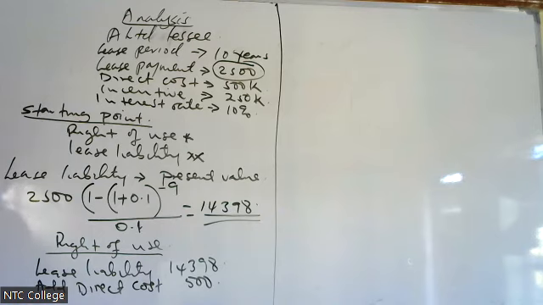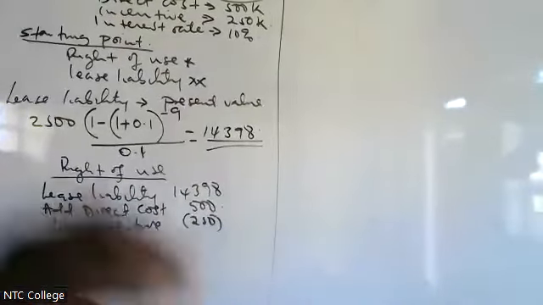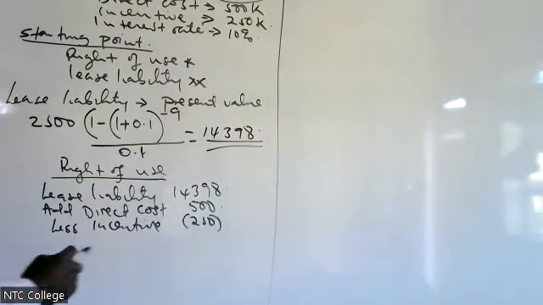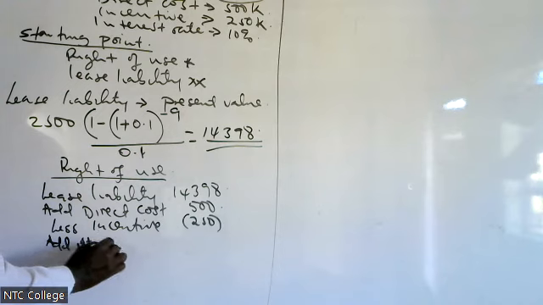Then I come to less any incentive. We had an incentive of 250K. Then I also add the first installment.